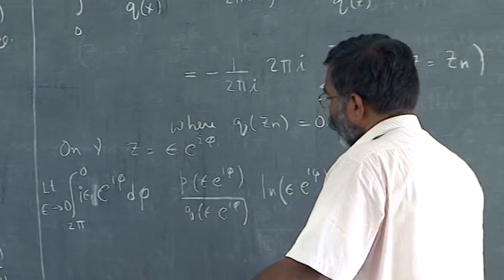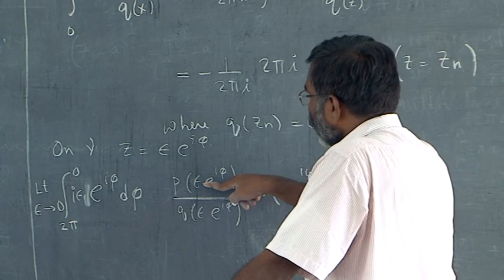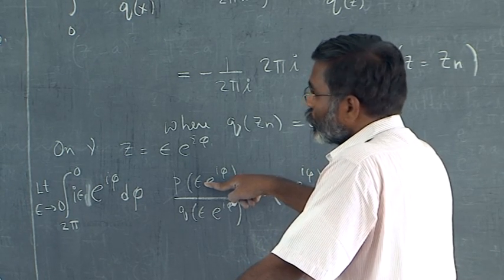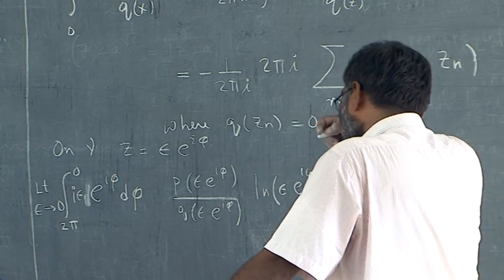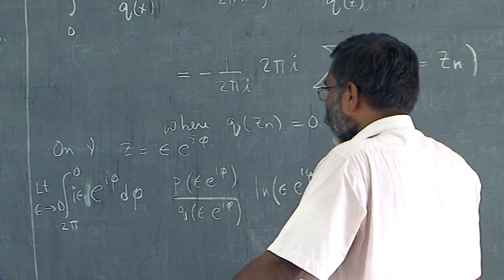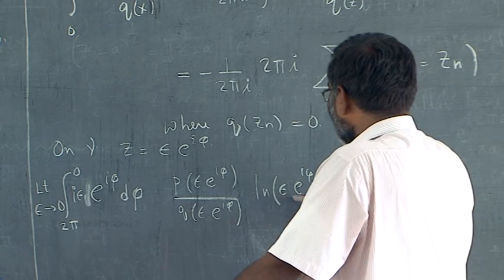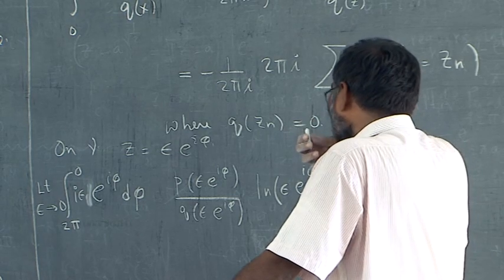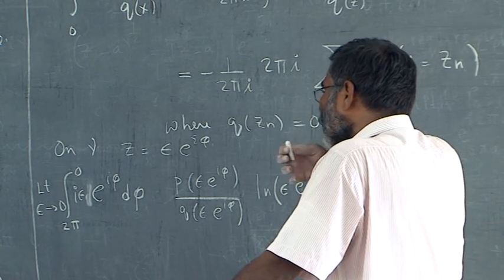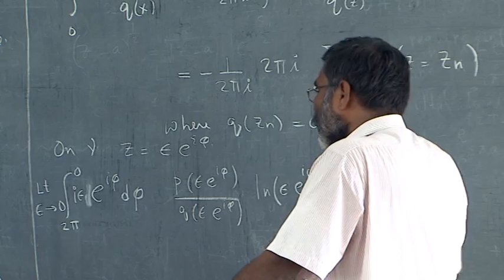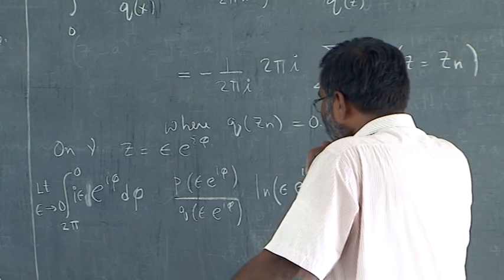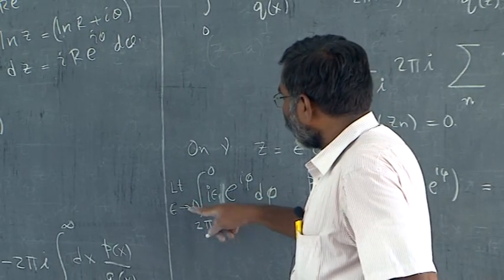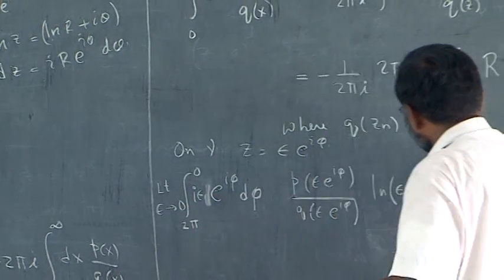So this one is kind of constant, that is like P of 0 by Q of 0, which will be some constant, and this logarithm of epsilon. So I think the argument is that this epsilon comes out and in the limit epsilon tending to 0, this whole thing will become 0.